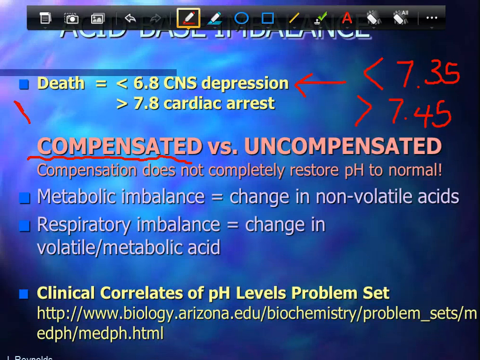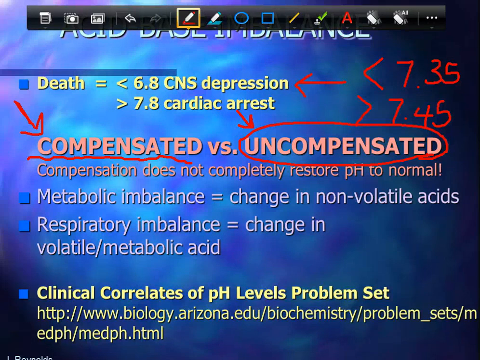Now, if you're young and you're going through these problems, you can probably compensate. But if you're an 85-year-old man who's got emphysema and diabetes, let's throw in whatever else you want, and you've already got organ problems to begin with, you could already have some kidney damage, and you're obviously going to have emphysema from your lungs, then when you tip over into acidosis or alkalosis, the other organ system may not be able to compensate very well because it's already halfway gone, and you've got uncompensated imbalance.